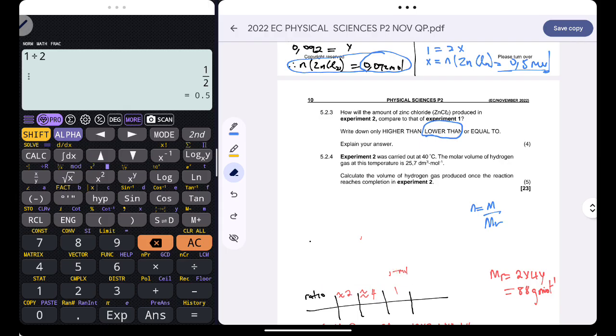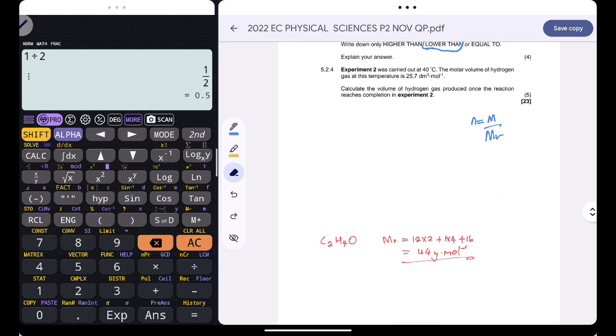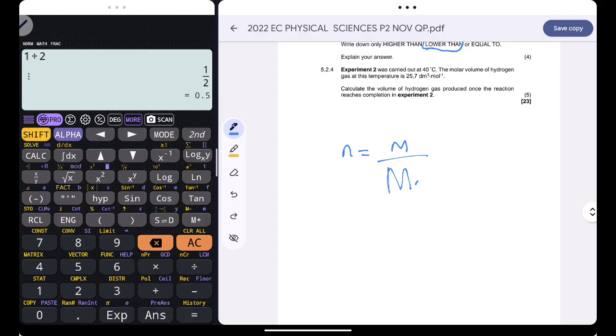let me erase here for me to have space to write. There's an equation that says number of moles is equal to mass over the relative atomic mass number. The mass number for zinc just remains constant. It doesn't change. It's a constant term.